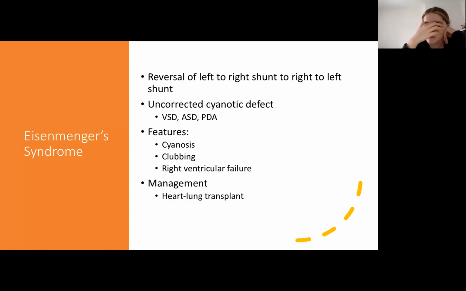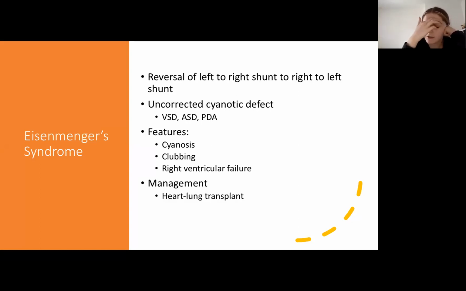The right side of the heart gets stronger and stronger, to the point that it causes a right to left shunt. Once it does, that deoxygenated blood is going straight into the body without being oxygenated.